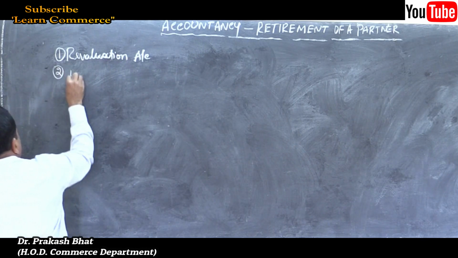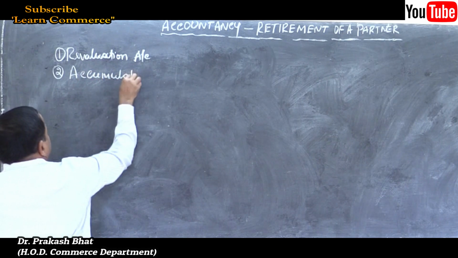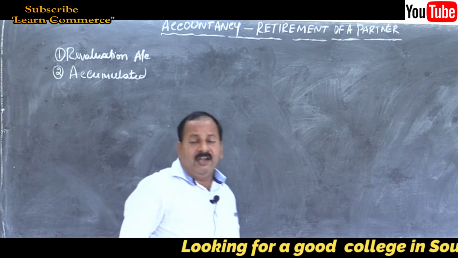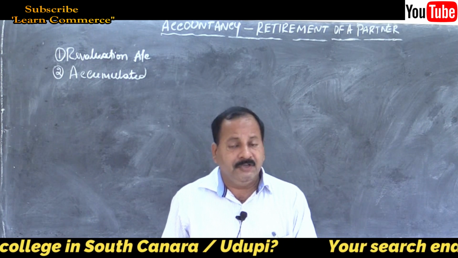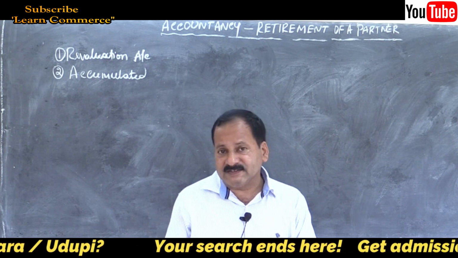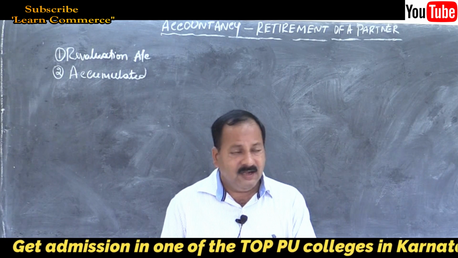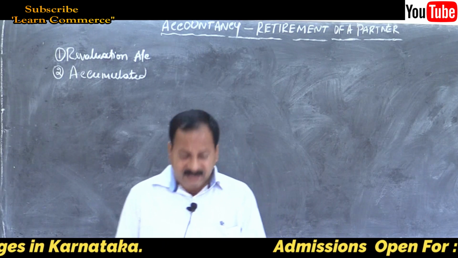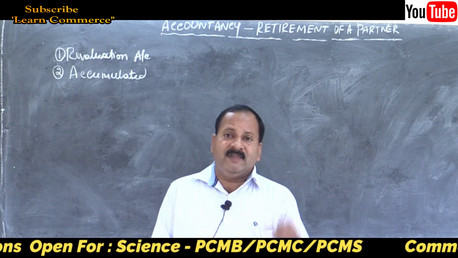Second one, accumulated profits or reserves. Any profits or reserves or any accumulated losses appearing in the balance sheet. You know it very well that on the asset side only profit and loss account will be there at your level, and on the liabilities side profit and loss account may be there, reserve fund may be there, general reserve may be there, isn't it?